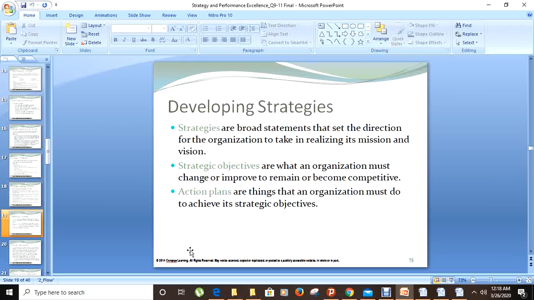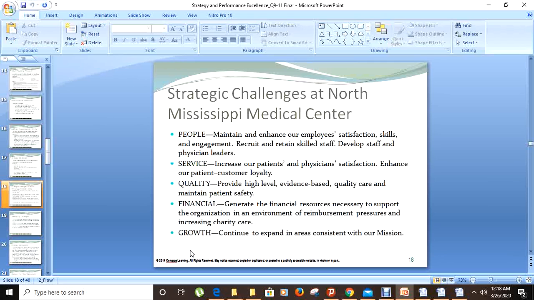As you can see in the case of another company example given in your textbook, if you can open the textbook, that is strategic challenges at North Mississippi Medical Center, where they are talking about people, services, quality, financial and growth.